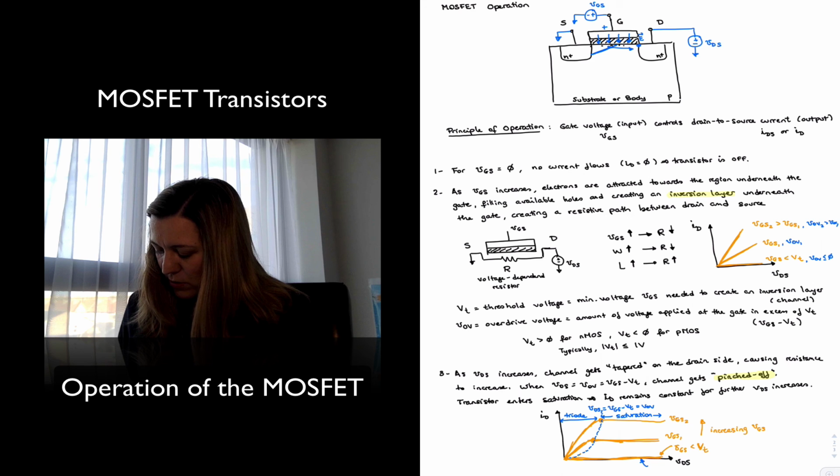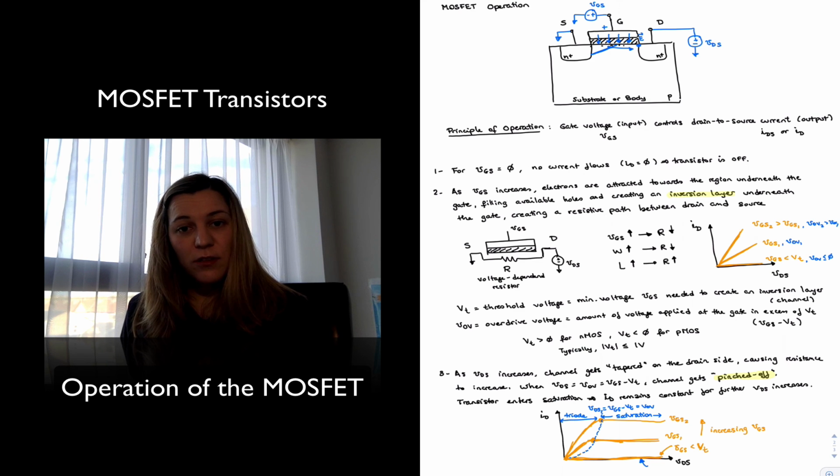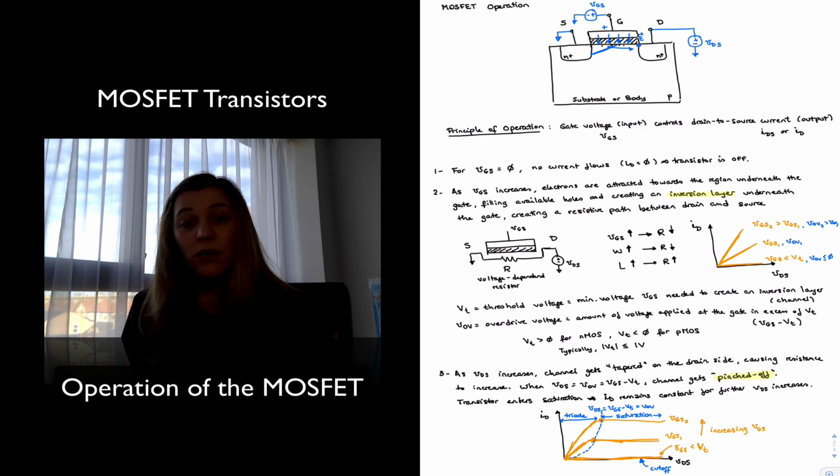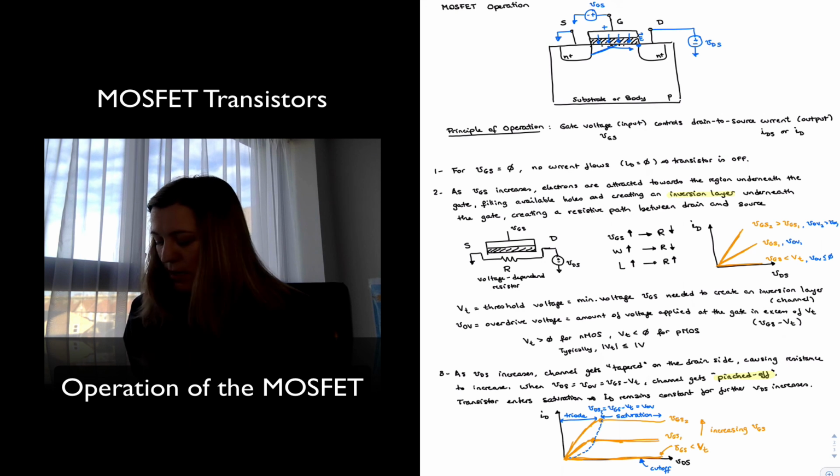Obviously, the curve for which the inversion layer is not there, VGS less than the threshold voltage, we call the cutoff region, where the transistor is essentially off and there is no current flow. Now, for analog amplification, the region that we're going to be operating our MOSFET in is precisely that saturation region, where the output current remains approximately constant with respect to changes in VDS, and the amount of current is only dependent on the value of VGS.